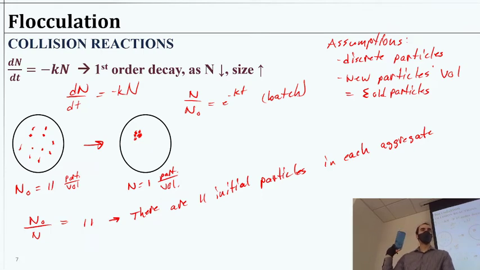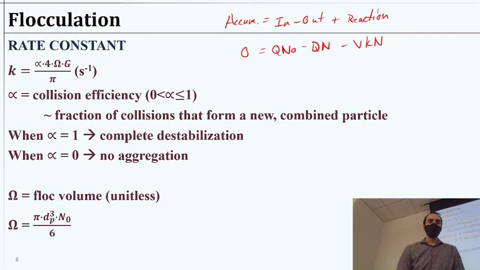If there are 2 billion particles in here, there's going to be a fair number of collisions happening. So the rate is going to depend on the number that are in there. That's why we've got this at first order, why it's n to the power of 1 here. Okay, so that's going to be our form for most of these problems, unless we happen to be doing it in a batch.